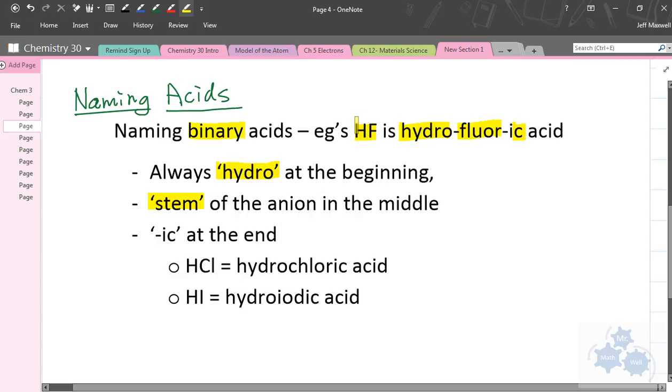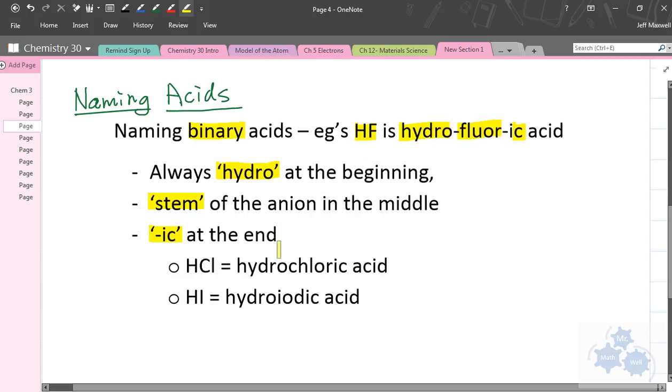So if hydrogen is the positive cation in this compound, fluorine is the negative ion, the anion. So if this is Cl, it's chloro, or chlor, and if it's I, it's iodo for iodine, or Br, whatever it is. That's the stem. And then ic at the end.